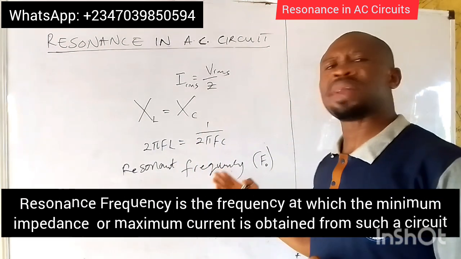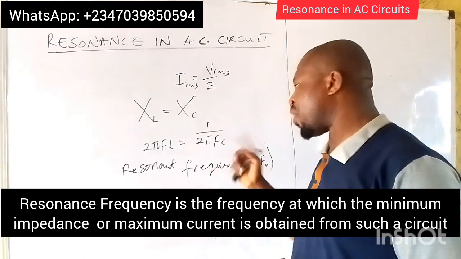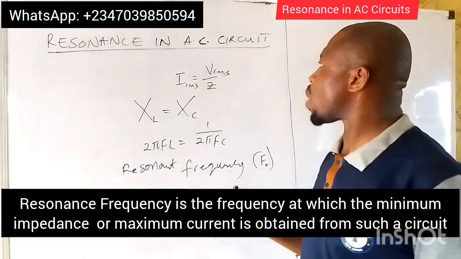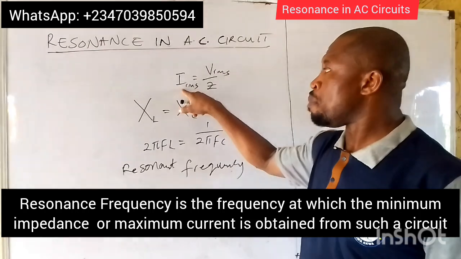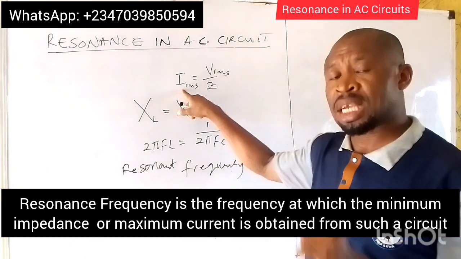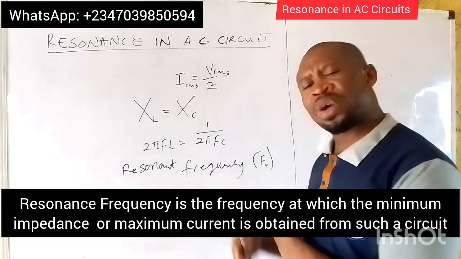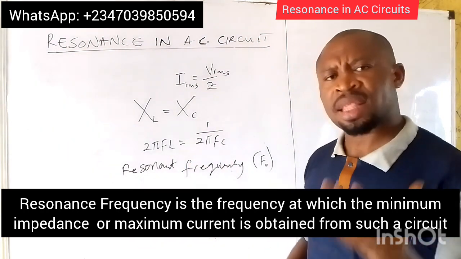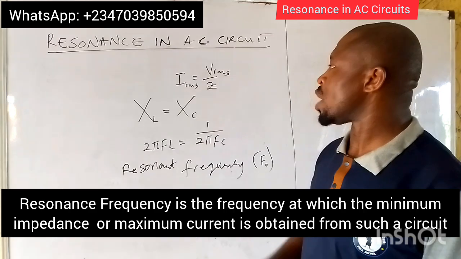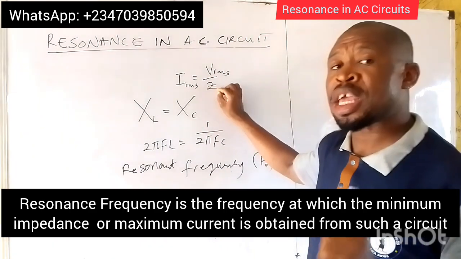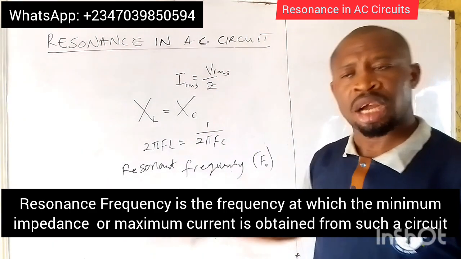Or we can say that resonant frequency is the frequency at which maximum current is obtained from such a circuit. Or you can also define it as the frequency at which minimum impedance is obtained from an AC circuit.